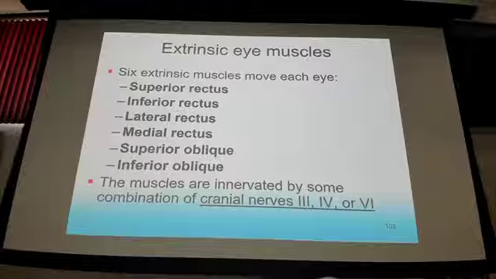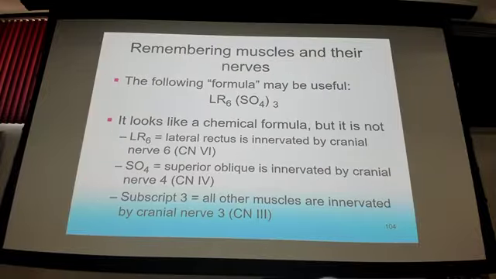Because there are 6 muscles that move the eye. Since they're not inside the eye, they're called extrinsic muscles. So we have superior and inferior rectus, superior and inferior oblique, and then we have medial and lateral rectus. We know that these are innervated by cranial nerves 3, 4, and 6. I didn't give you this formula before, because we didn't really need it, but it tells you which extrinsic eye muscles are innervated by which cranial nerve, because we're going to be testing them.